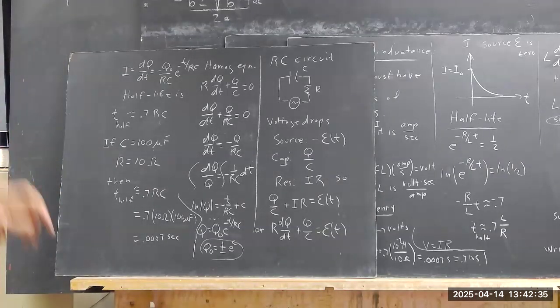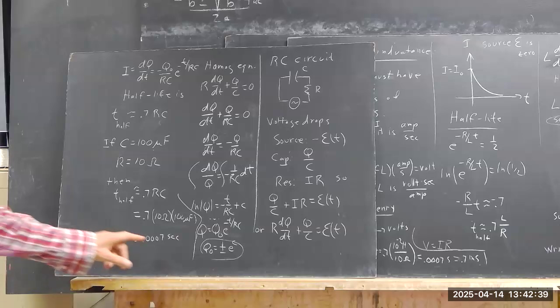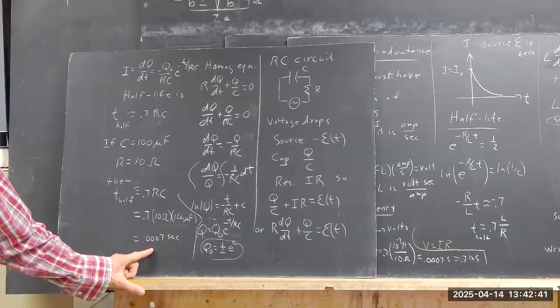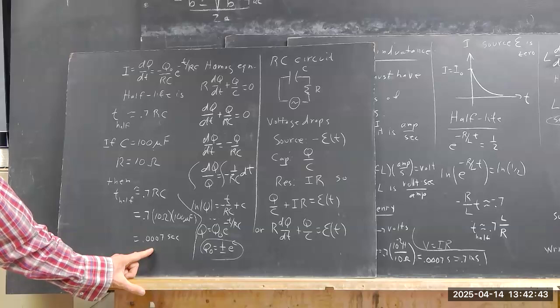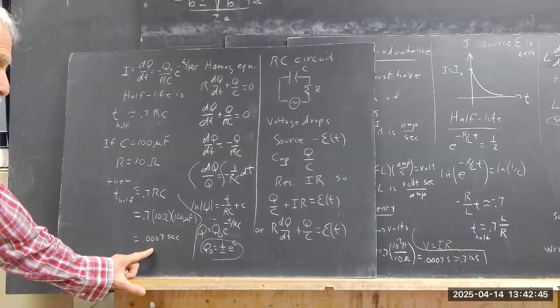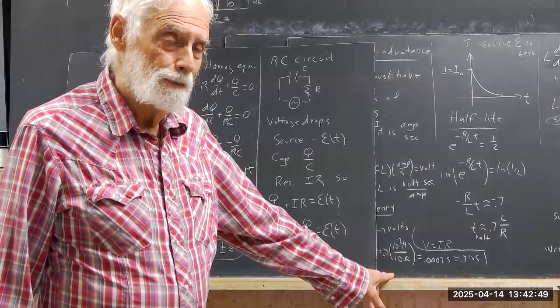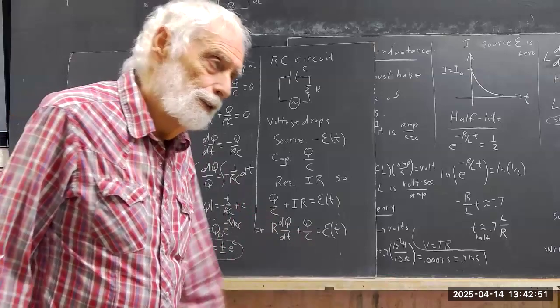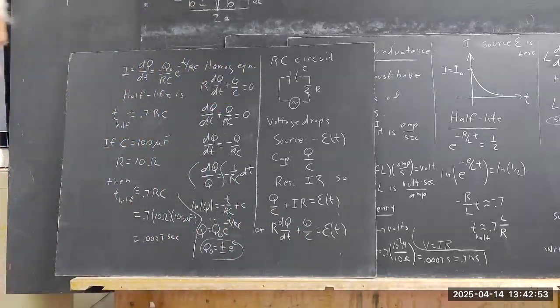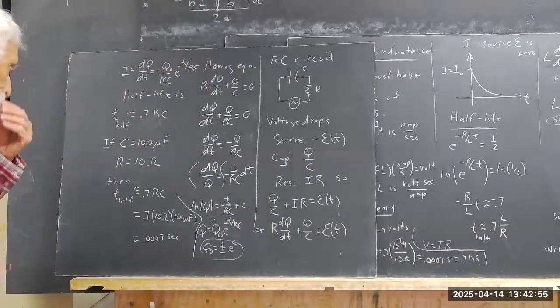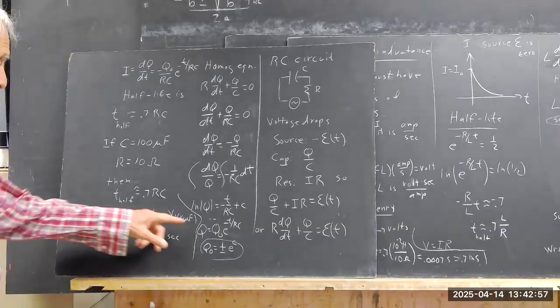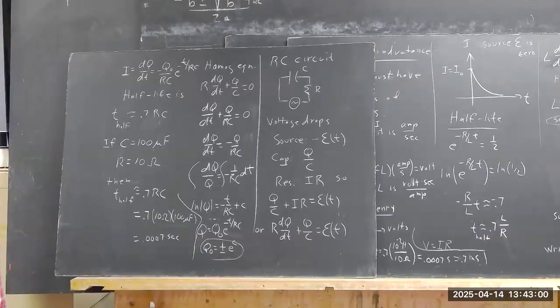And you put all that together. Wait a minute, got 1,000. Seven tenths of a microsecond again. Which turns out to be identical to what you get with that inductor and 10 ohm resistor. You should work out the units of this, make sure you understand it.